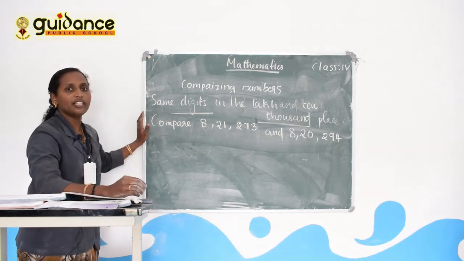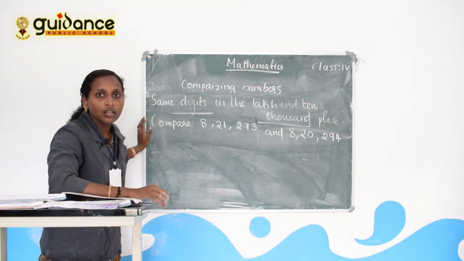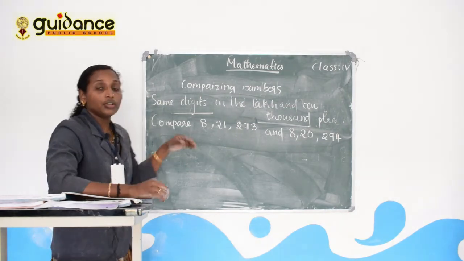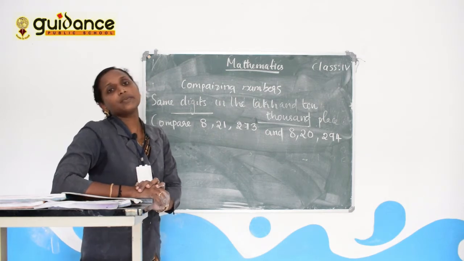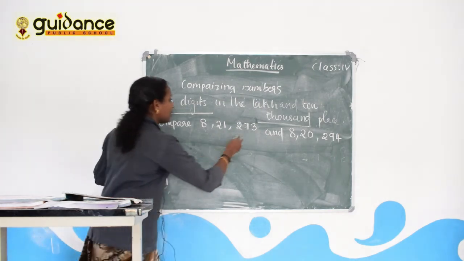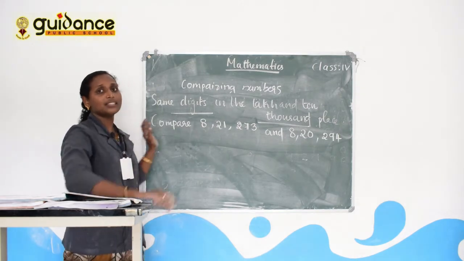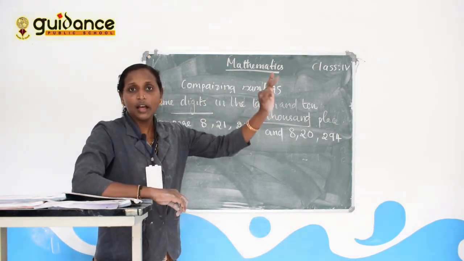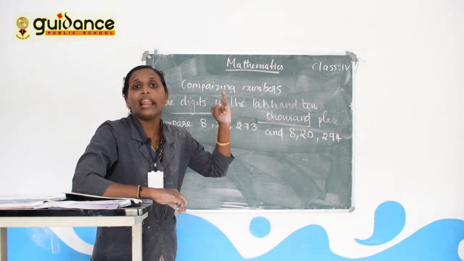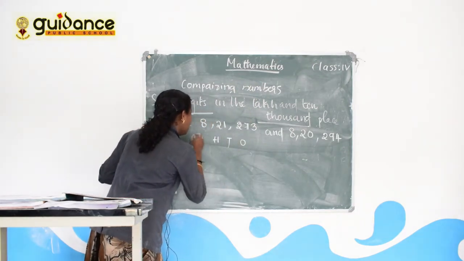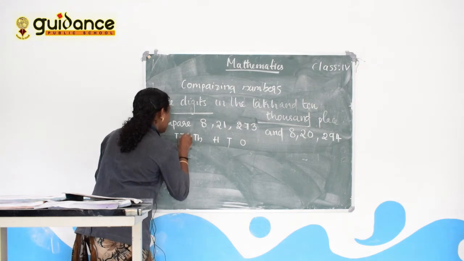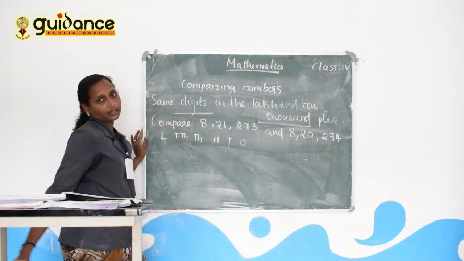As I already told, to compare the numbers we first write the place value form. It is a 6-digit number, so it has ones, tens, hundreds, thousands, 10,000 and lakh.